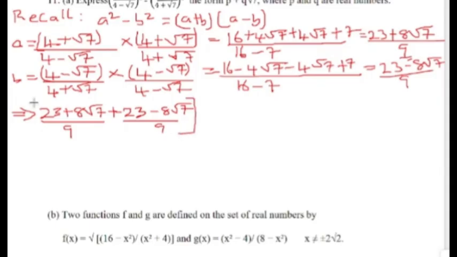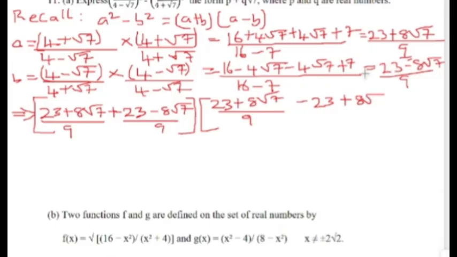Let's keep it. Then we need to multiply it by a minus b. So a minus b, I'm going to have 23 plus 8 root 7 over 9 minus, since it's a subtraction, this becomes minus 23, while this one becomes plus 8 root 7.